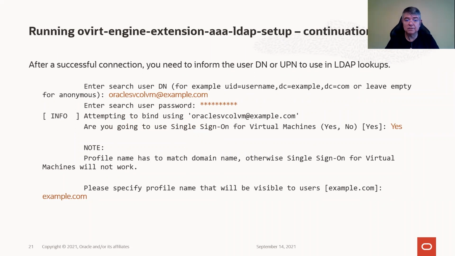In this example, I'm using the user principal name for the connection. I need to pass the password for this, and these are going to be stored in the configuration. At the bottom of the screen, you can see you need to provide a profile name. As my Active Directory has a domain example.com, I'm choosing the same example.com profile name for this configuration. It makes it easier for you to understand which user is coming from which domain server.